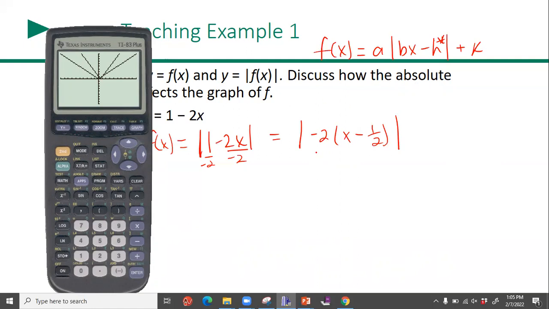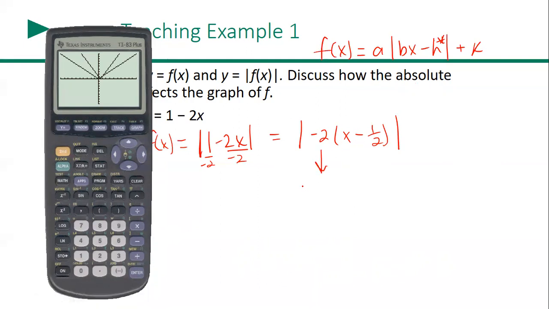Okay, so when there's a number with the x that you have to factor out, this is our horizontal compression or stretch. That's the separation between the two classes. One of the separations is that we really don't deal with it in Algebra 2.